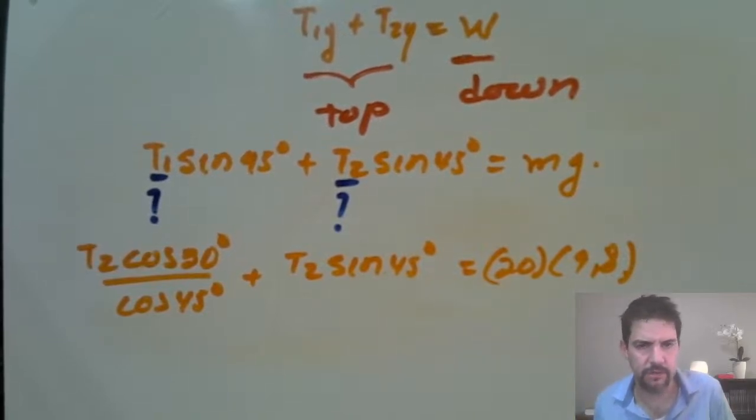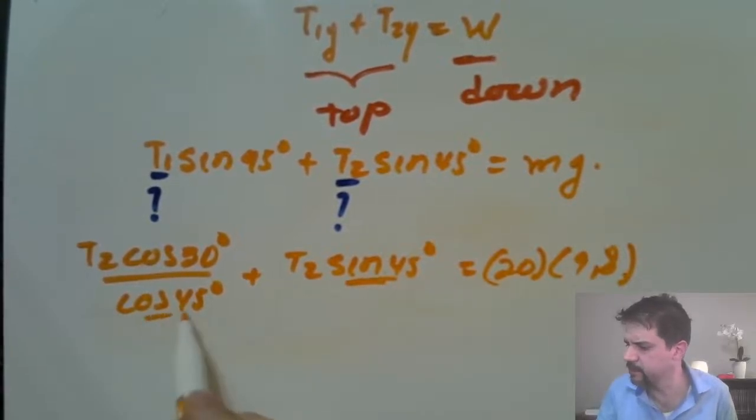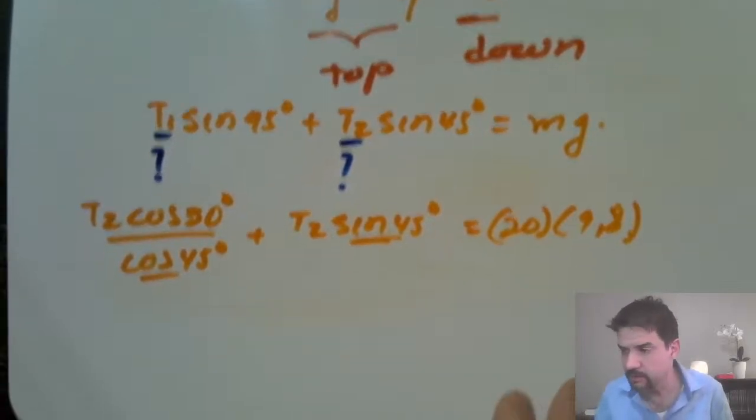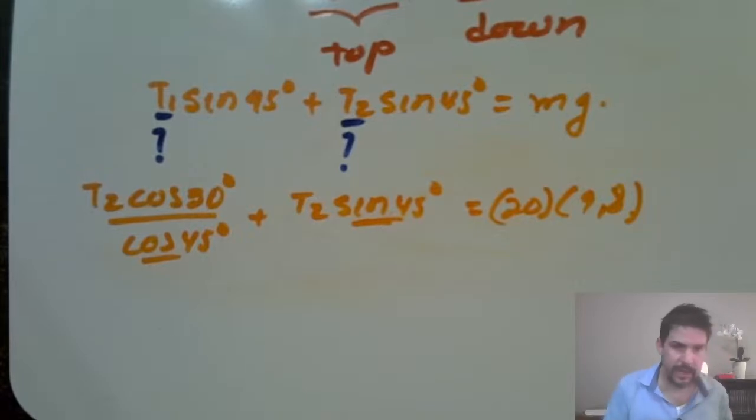And then now we can calculate T2. If you want, you may use your calculator to work out these cosines and sines. Let me get my calculator. We have cos 30 divided by cos 45.